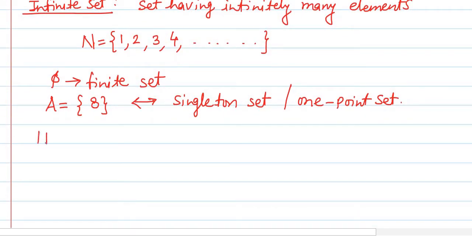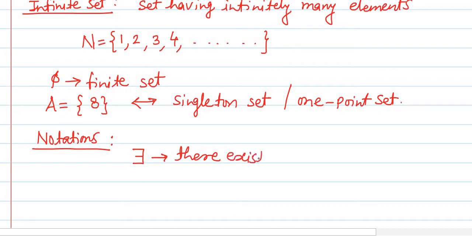Next one are some commonly used notations. These notations we use frequently. The first one is there exists. It is denoted by this notation. Next one, for all. It is denoted by this notation. Next one, implies.